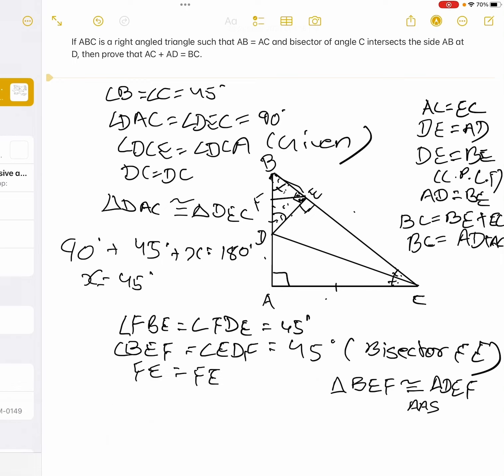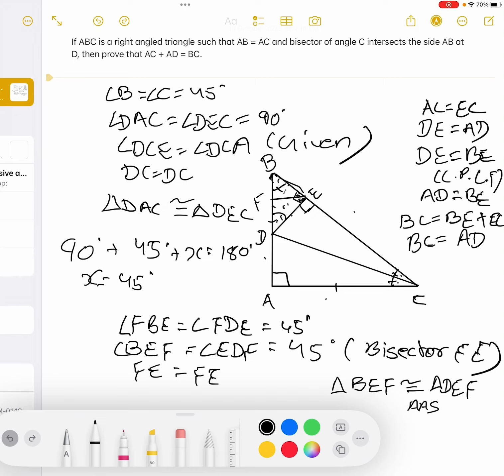Let's see what we did right now. Going back is taking too long, so let me just tell you like this. First, we showed that this triangle and this triangle are congruent to get that this side is equal to this side, right? So we did one more construction.